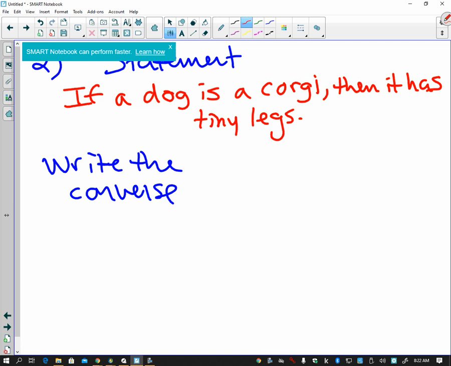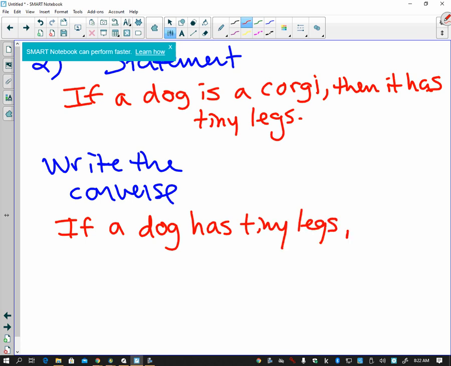We want the converse of that statement. We've just spent some time talking about converses. So what's our converse of that statement? If what? No, if a dog, right? If a dog what? Has tiny legs, then what?